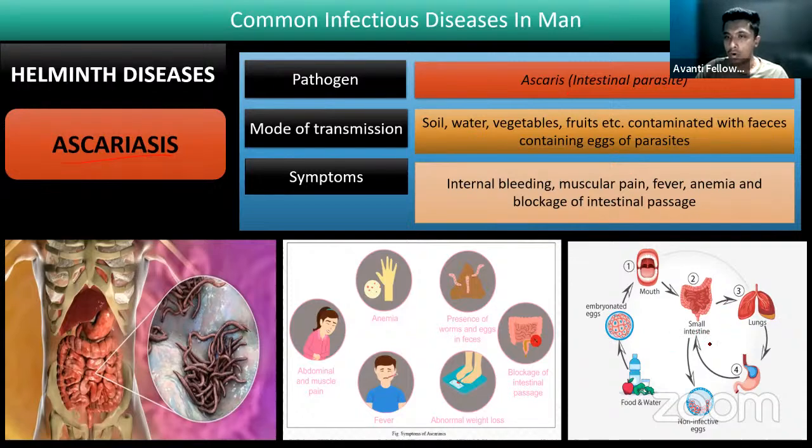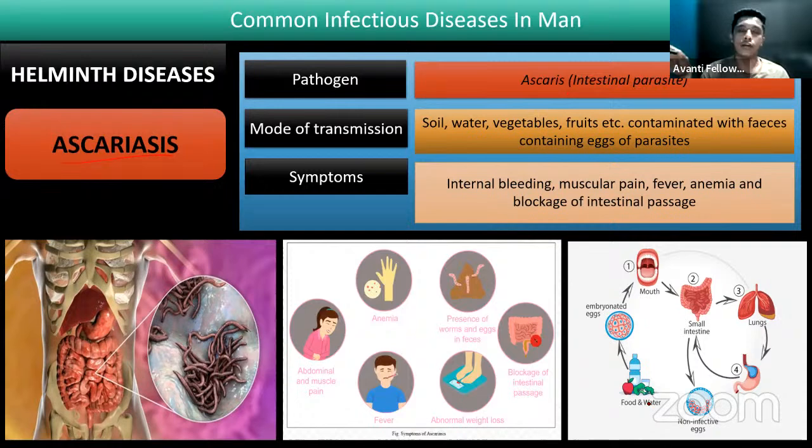From the small intestine, they can use the lungs or the acidic pH, and again they go back to the small intestine, where they colonize. There they reproduce and produce eggs, which are eliminated in the fecal matter.